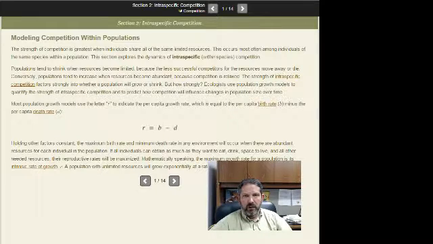And don't worry about if it's per 1,000 or per 100 or per individual. Just that the population is growing if birth rate is greater than death rate. If death rate's greater than birth rate, then R is going to be negative. The population is going to be declining. And that happens, right? Populations go up and populations go down.